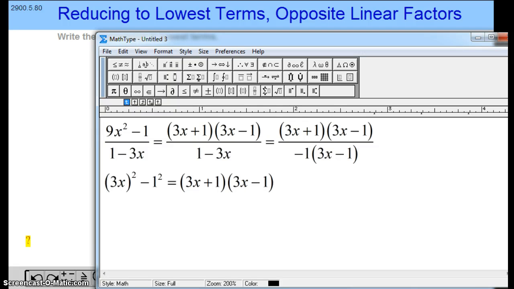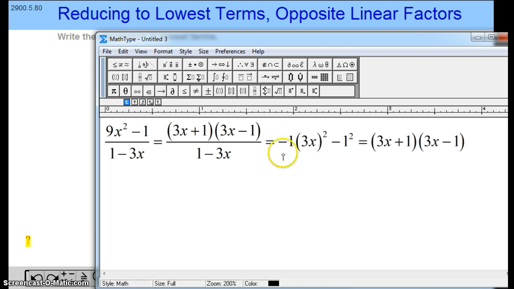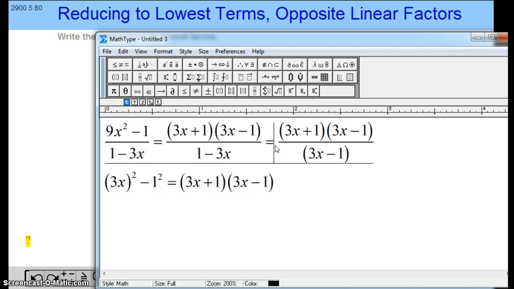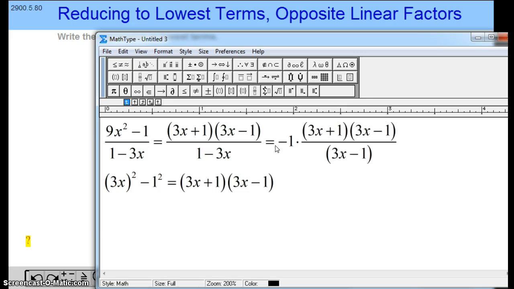That's pulling out this -1, and because it's -1, you can really pull it anywhere you want. So I'm going to pull it way in the front here. Just put -1 times that, so same thing.